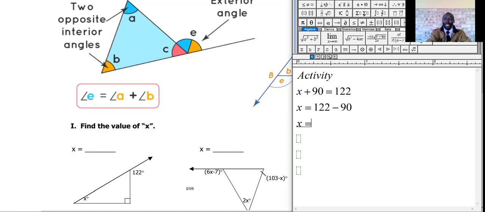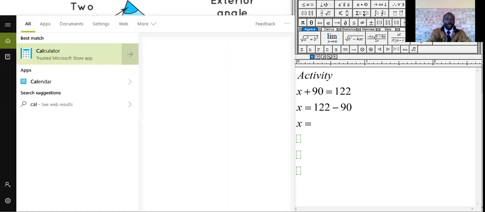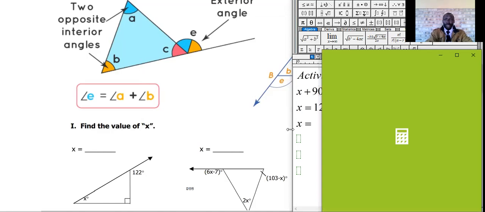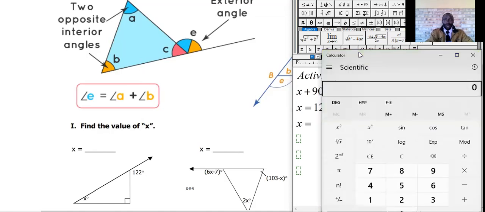And the value of X in this case is going to be, well, what is 122 minus 90? Right away, let me get my calculator on board. Here is my calculator. Let me first place it briefly this side.